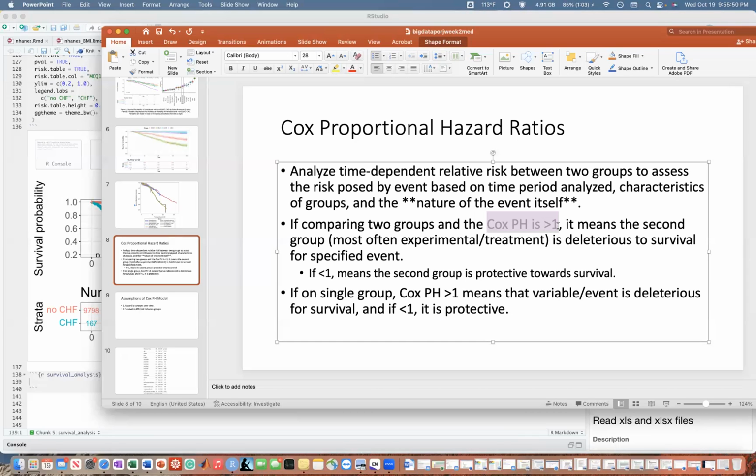If the freshman to senior hazard ratio is 1.50, that means seniors on average go to a dining hall 50% more than freshmen. And if it was under 1, so if it was 0.50, it means that the seniors are 50% less likely to go to a dining hall. Same thing for survival, just flip that around.